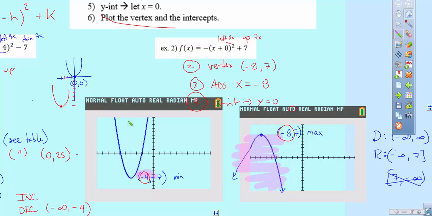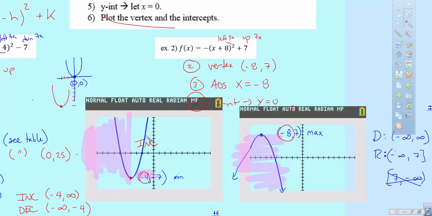From negative infinity all the way to negative 4, this function is going down, down, down. It gets to its minimum, it stops, it turns the corner, and all of a sudden it starts increasing. So it's an increasing interval from negative 4 to positive infinity.